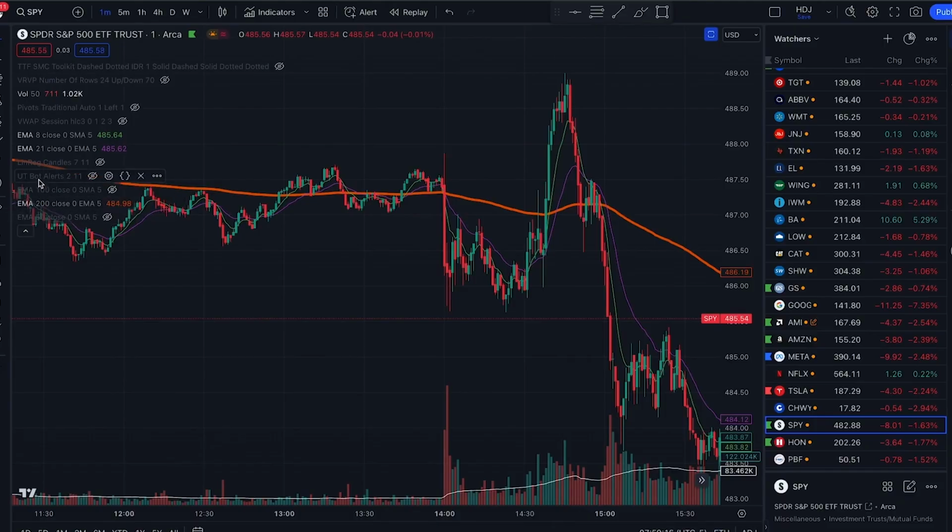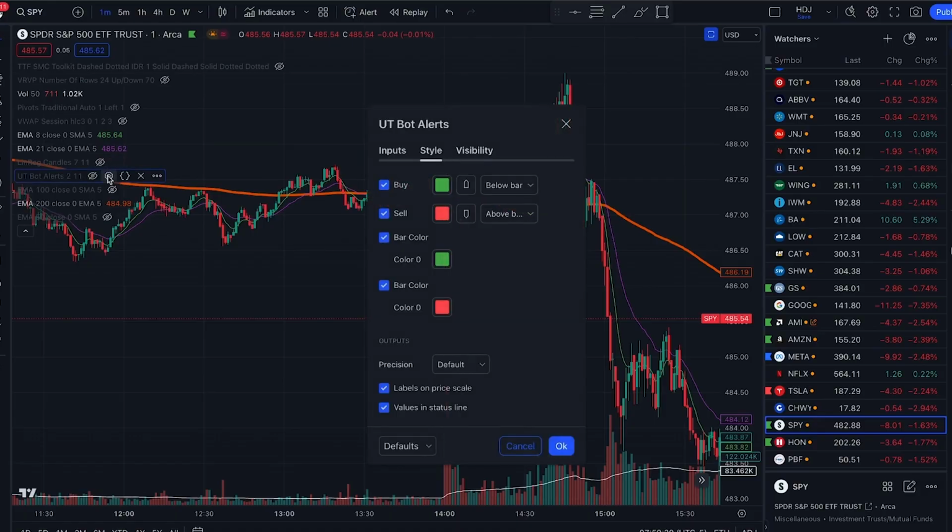Next, we're going to go to our UT bot alerts, and I want you to copy the settings. Everything will likely already be checked under style for you, but just make sure yours looks just like this.